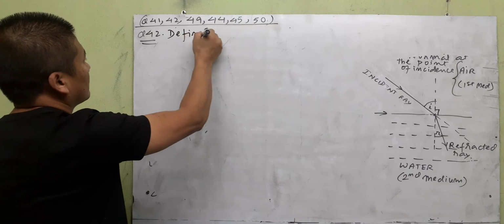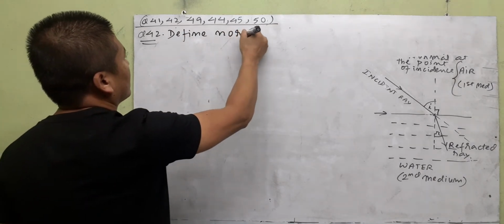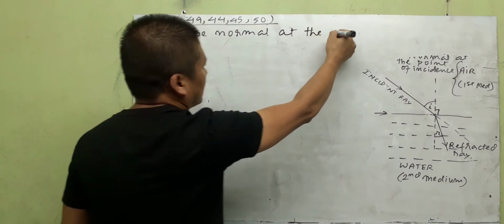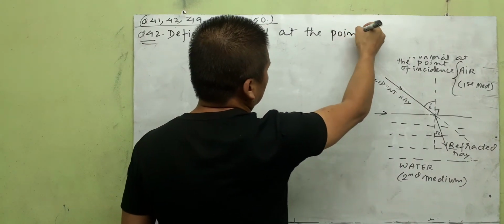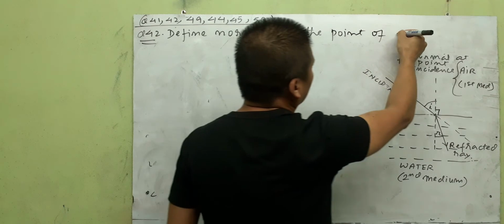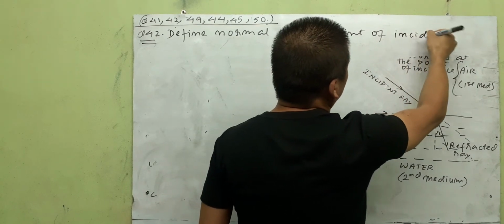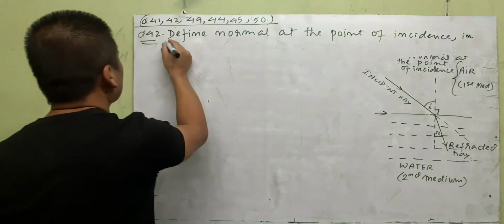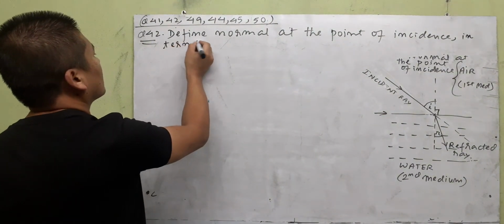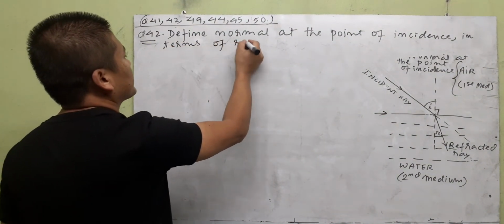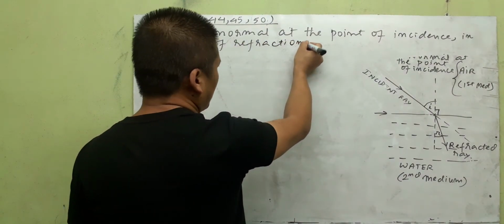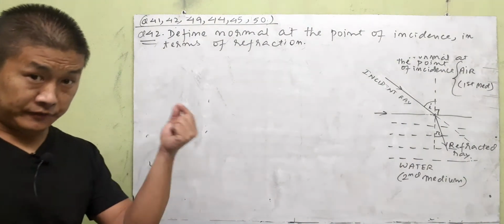Define normal at the point of incidence in terms of refraction. We have to define this in terms of refraction, because normal at the point of incidence is also there in reflection. That is different.